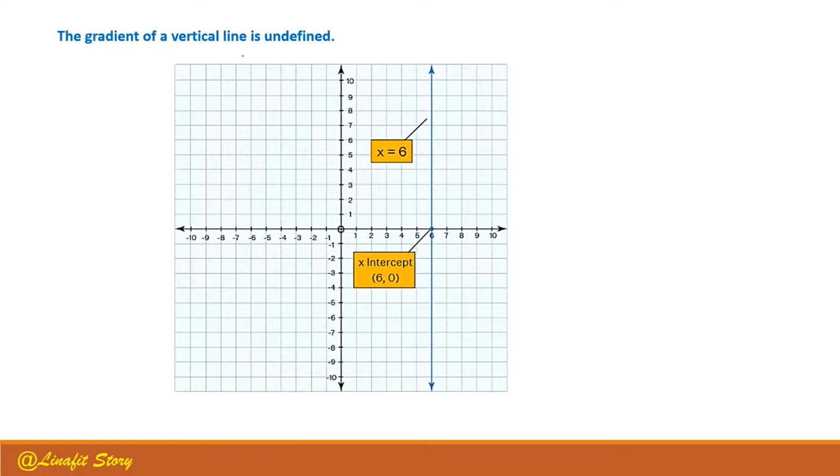Now remember that the gradient of a vertical line is undefined. Look at this straight line. Is the vertical line going up on one end? Well, yes, kind of. So maybe the slope will be positive. Is the vertical line going down on the other end?